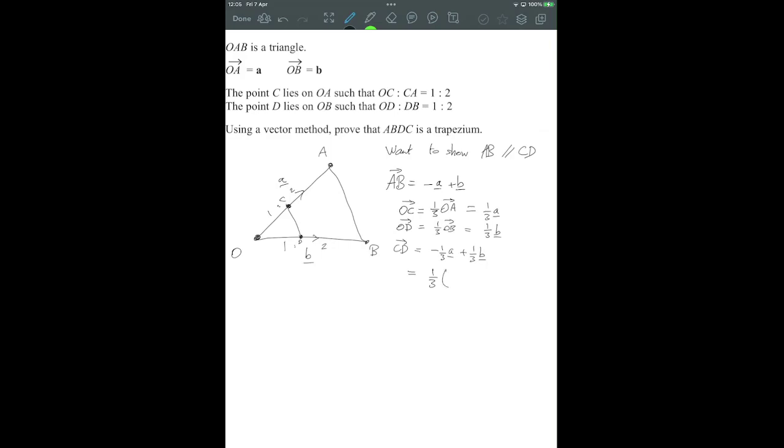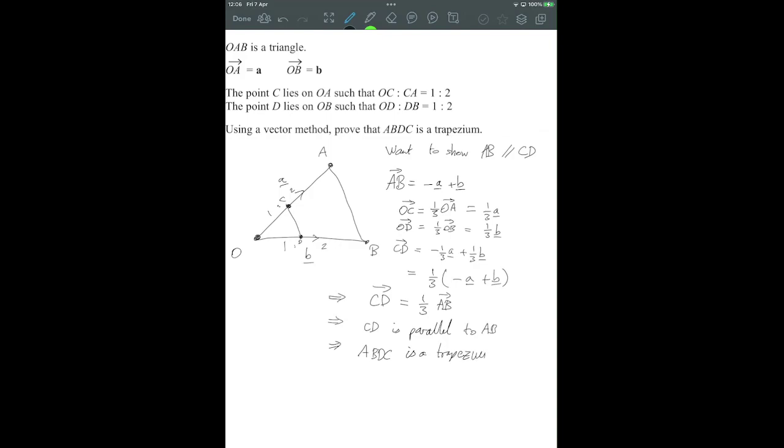So if I factorise out that third, well, that's exactly saying that CD is a third of AB, i.e. CD is a multiple of AB, which is exactly saying that CD is parallel to AB. Well, that means you found a pair of sides which are parallel, and that's exactly what you need to be a trapezium. So ABDC is a trapezium.